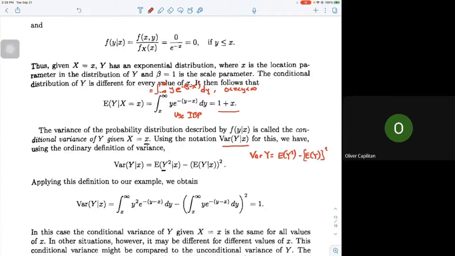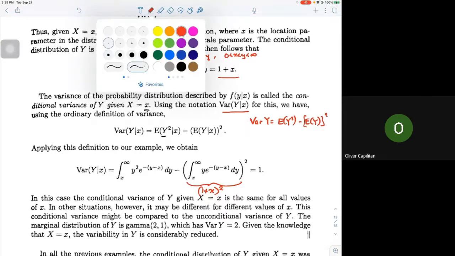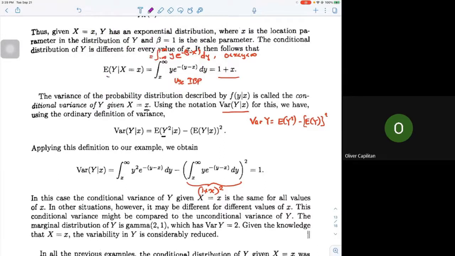So applying this to our example, if we're going to compute the conditional variance of y given x, the first term is by definition of the expectation. And for the second term, it's also by definition, but this is equal to 1 plus x quantity squared, because we have the value for the conditional expectation of y given x.